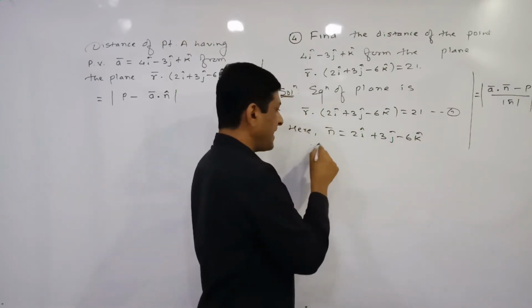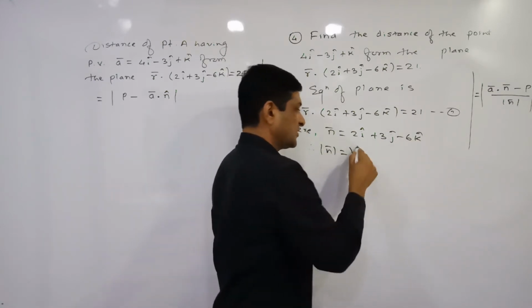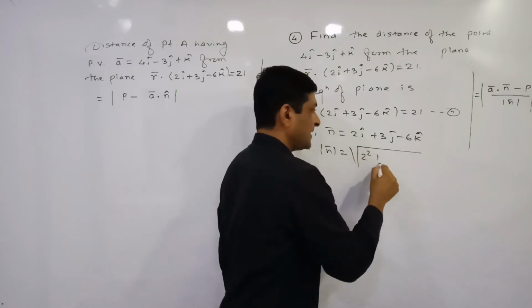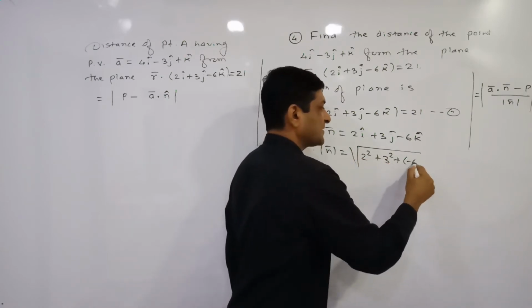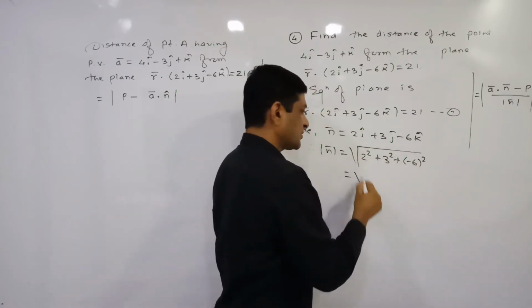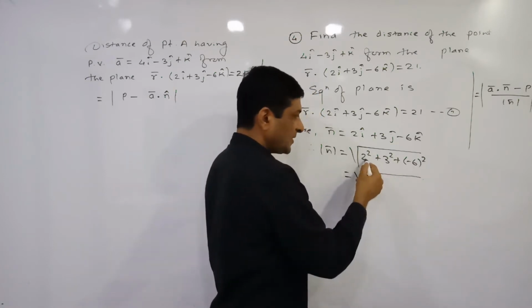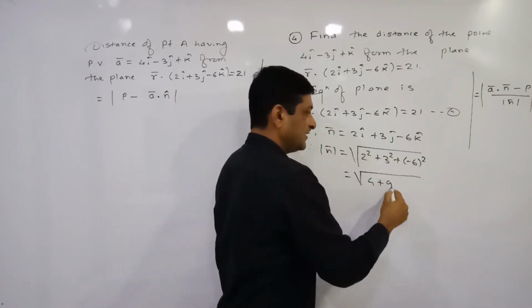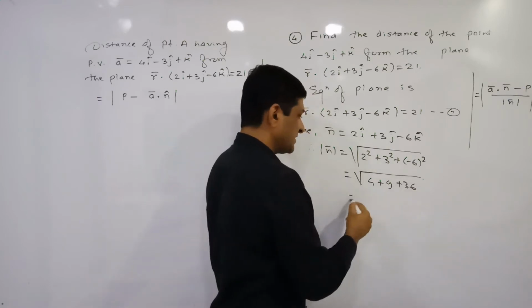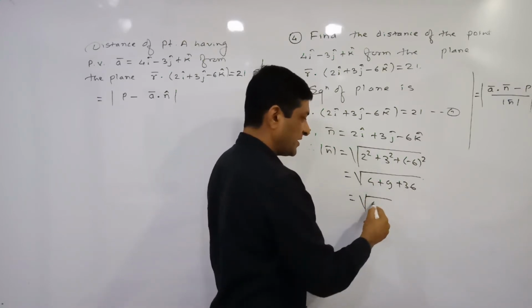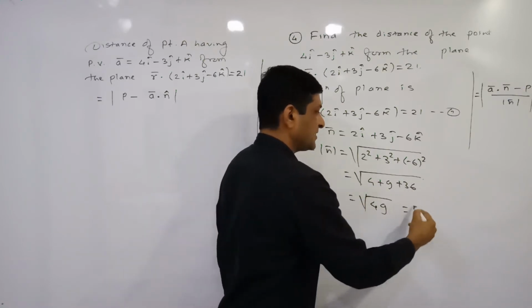Therefore the magnitude of n bar is equal to 2 square plus 3 square plus minus 6 square, which is equal to under root 4 plus 9 plus 36, which is equal to under root 49, which is equal to 7.